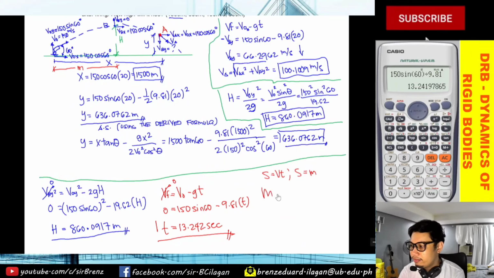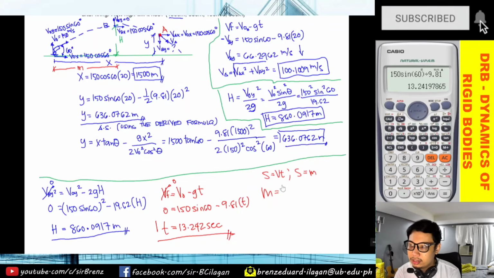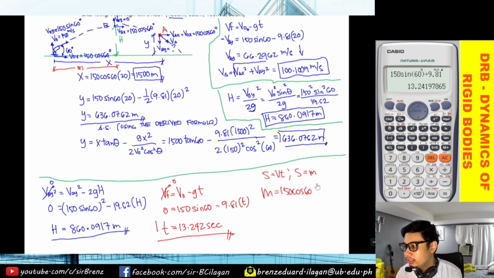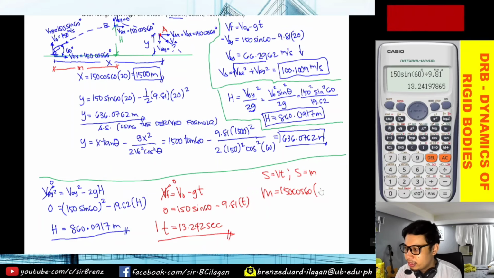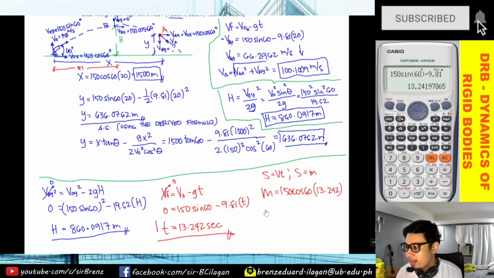Yung S mo, that will be just equals sa distance m, or yung velocity niya is constant all throughout the trajectory ng projectile. So, that is 150 cosine 60, and then i-multiply mo lang ng time na nakuha natin, which is 13.242. So, mahanap mo na yung distance traveled when it reaches its maximum height.